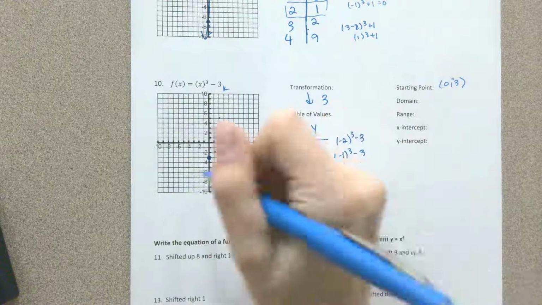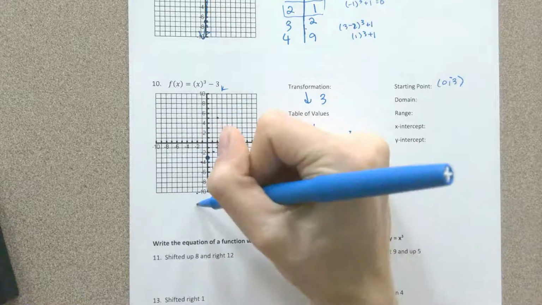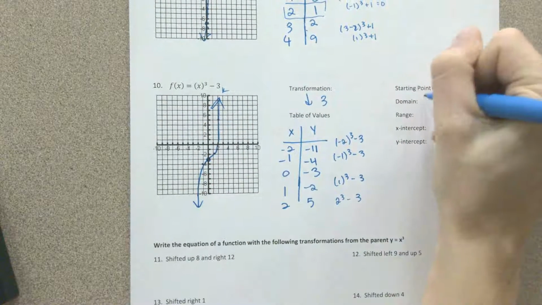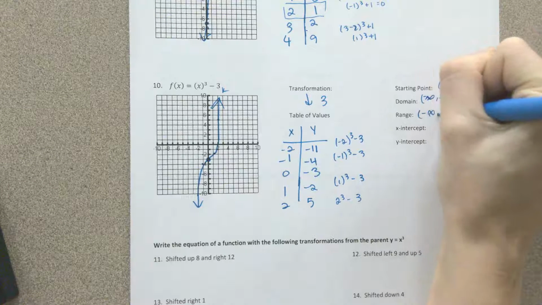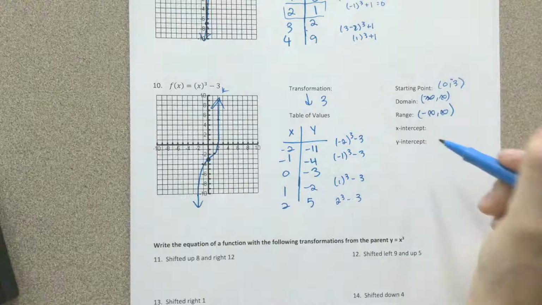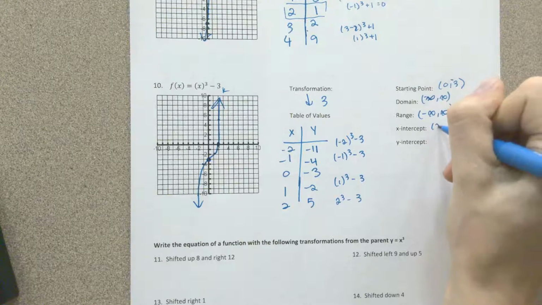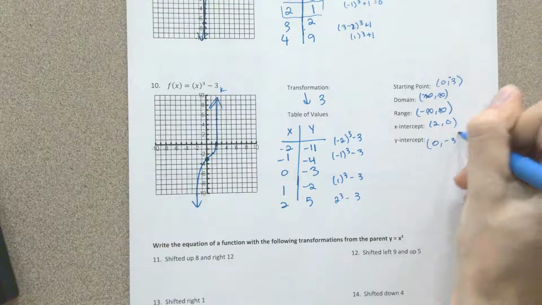And then I have -1, -4, and -2, -11. My domain is -infinity to +infinity, same with my range. My x-intercept, where it crosses my x-axis, is at 2, 0, and my y-intercept is at 0, -3.